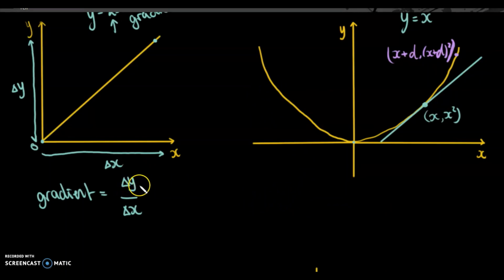So let's see, the change in y divided by the change in x. Let's do the change in y first. That is going to be x plus d squared, take away my original x squared.